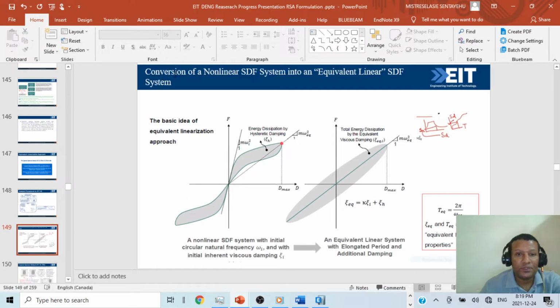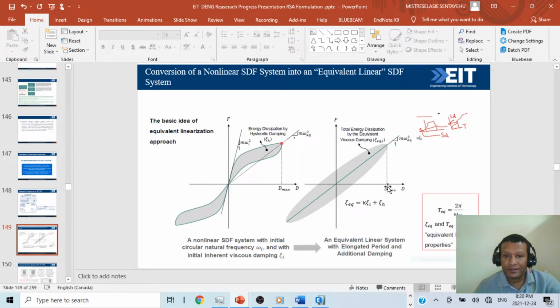Let's continue. Conversion of a nonlinear single degree of freedom system into an equivalent linear single degree of freedom system. The basic idea of the equivalent linearization approach: once we have force deformation, this is the energy dissipated by hysteretic damping, so this is the energy dissipation.